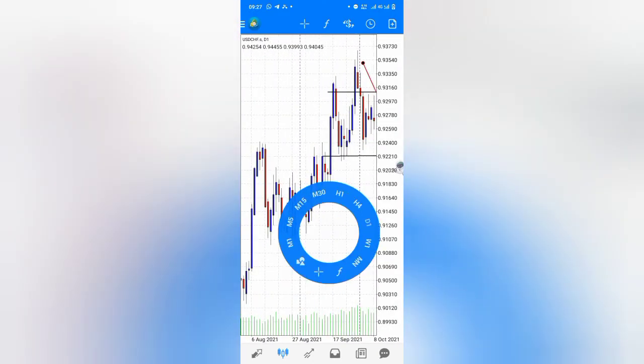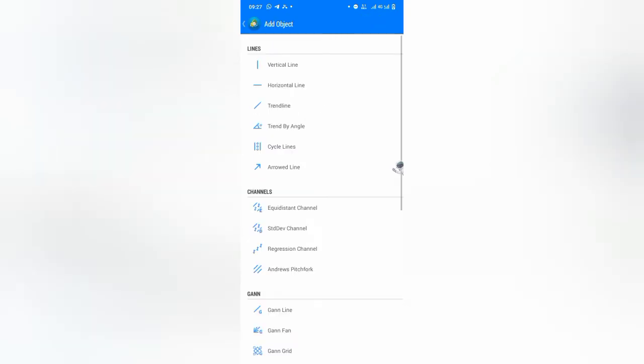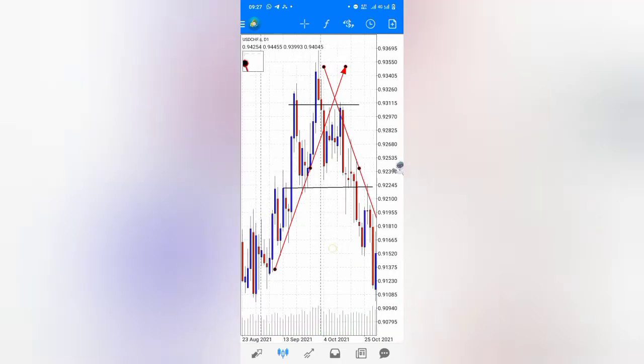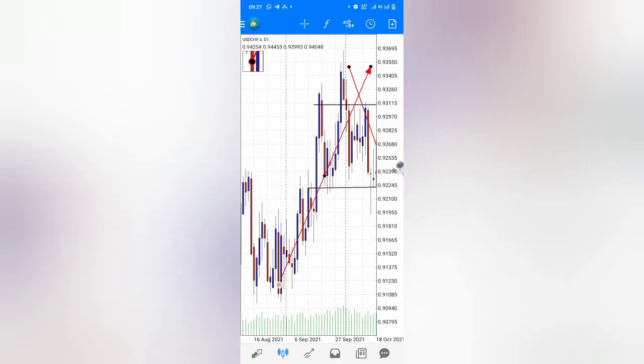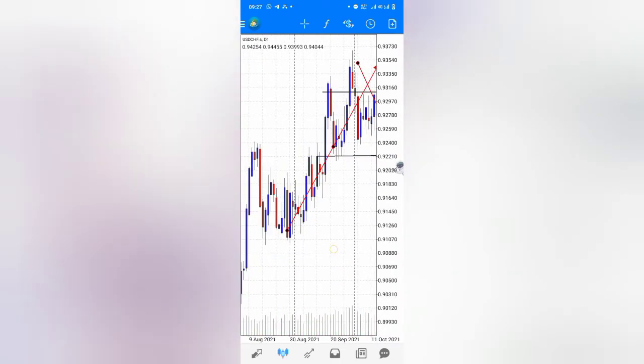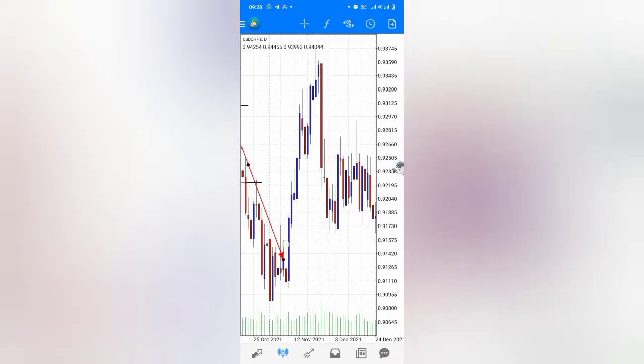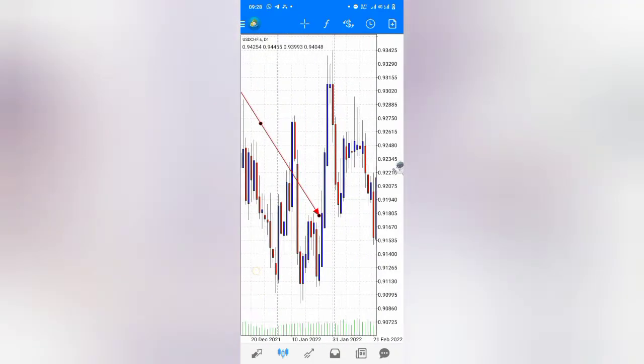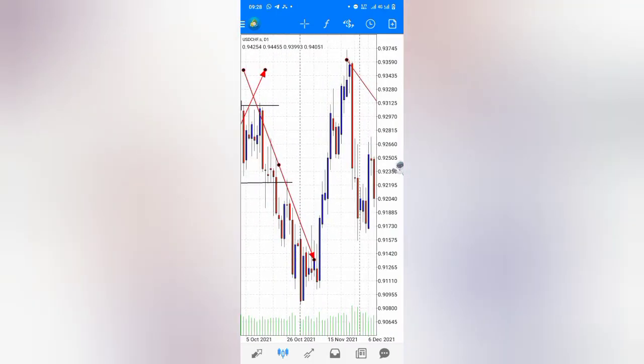If you check here too, it is another trend on its own. And if I even check here too, this is another trend. So trends in the market are easy to identify.